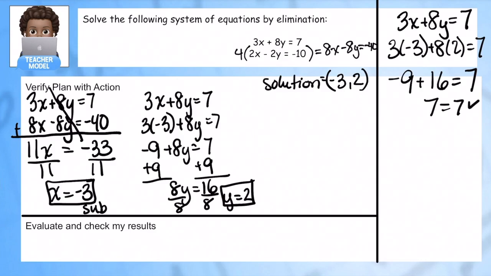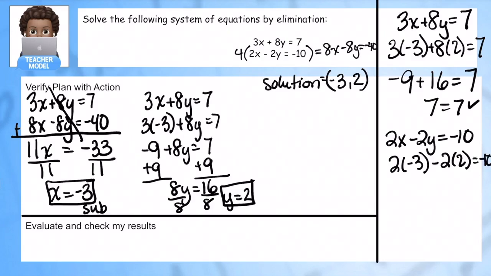So valid solution for the first equation. I'll try the second, and I can use the original. And I get -6 minus 4 is equal to -10, and that one is also valid. -10 is equal to -10. So our solution, -3, 2, that is a solution to the system of equations.